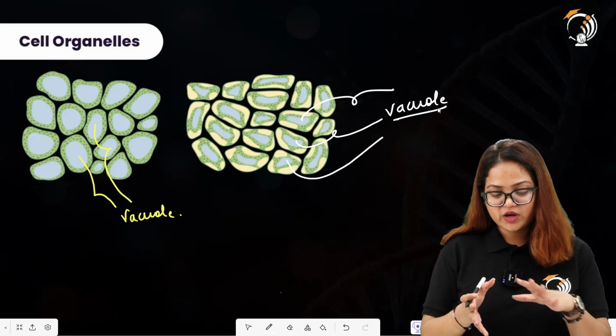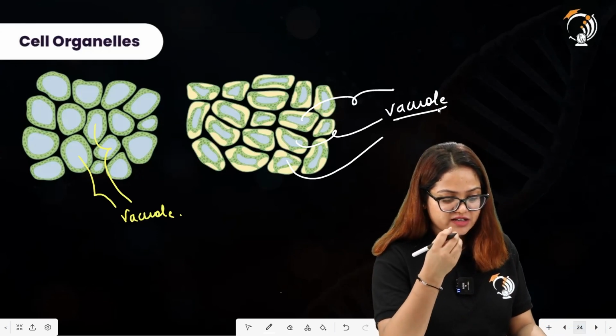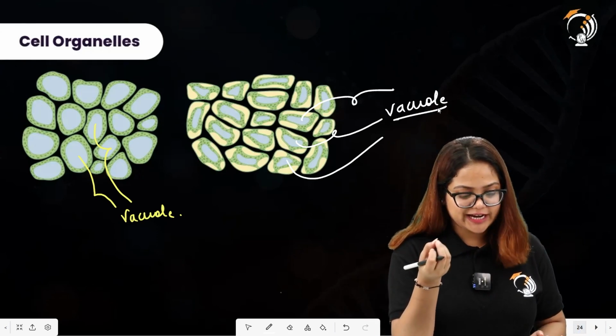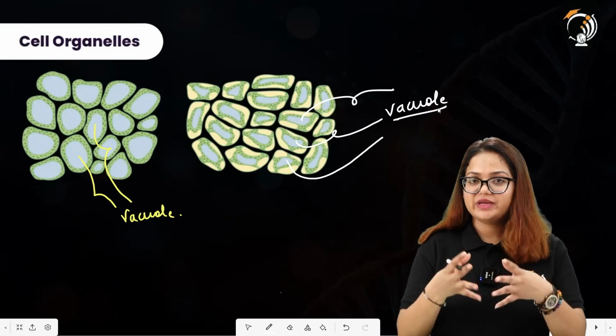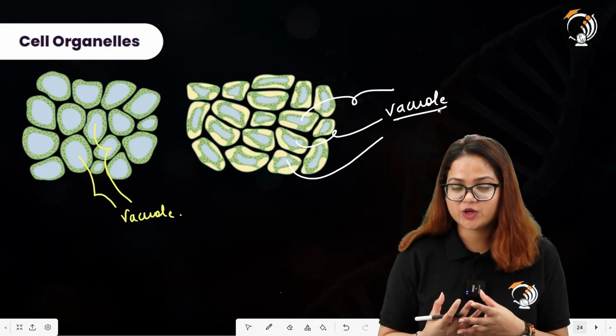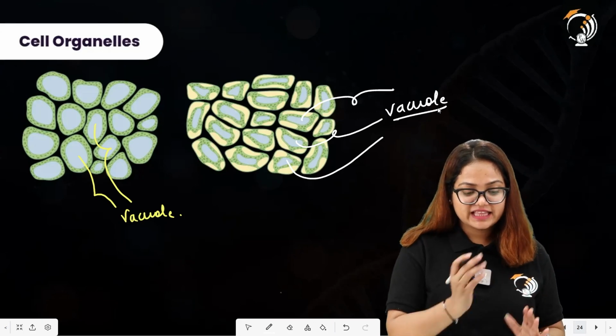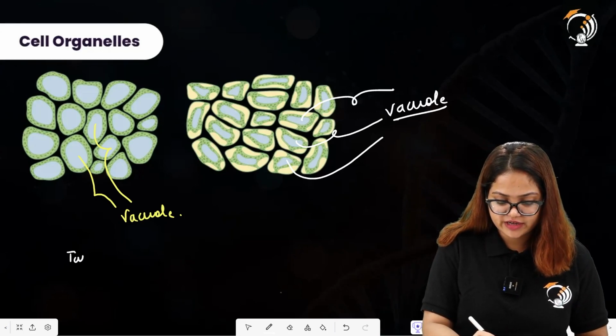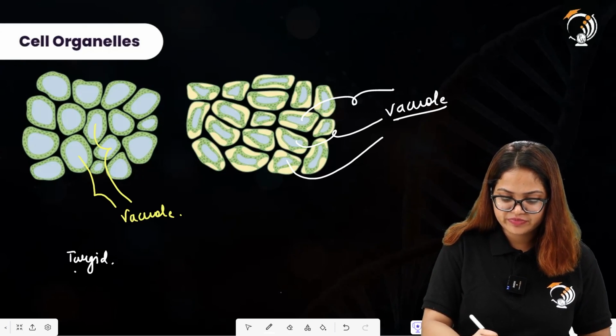You can observe that on the left hand side, the cells have more vacuoles, meaning there is more cell sap in the vacuoles, and these cells are turgid due to the presence of cell sap.